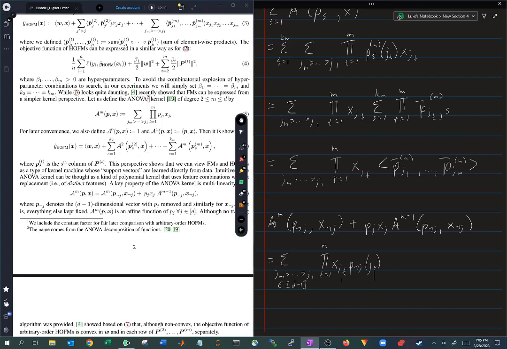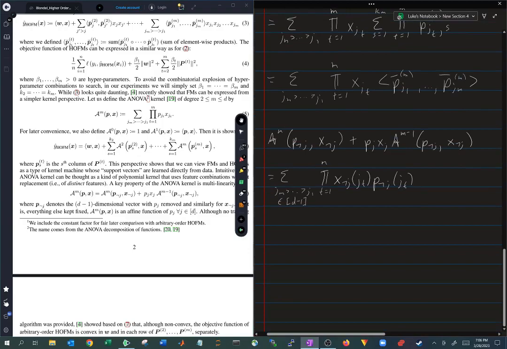I think this needs to be x not j, because when we remove the jth entry, we end up re-indexing the vector, and that makes things confusing. So this is x not j evaluated at jt, and p not j also evaluated at jt. Again, that not symbol is not easy to write.